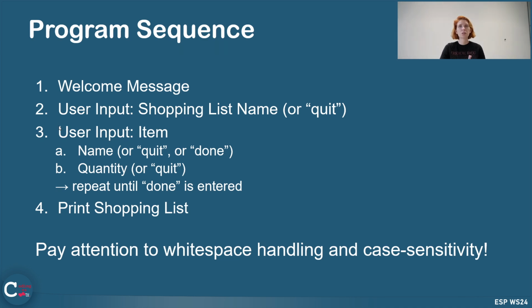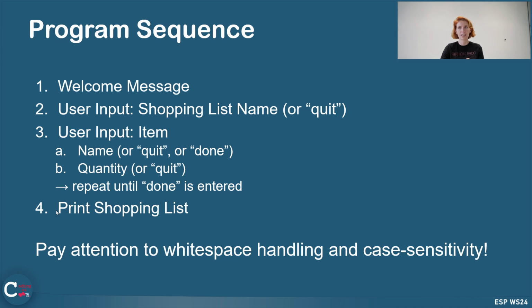And then the user can add items to the list. And this adding items to the list works in 2 steps. First of all, the user inputs a name. Here he can also input quit to terminate the program, or use the command done to say, I do not want to add any more. If you enter done, it should move on to printing the shopping list.